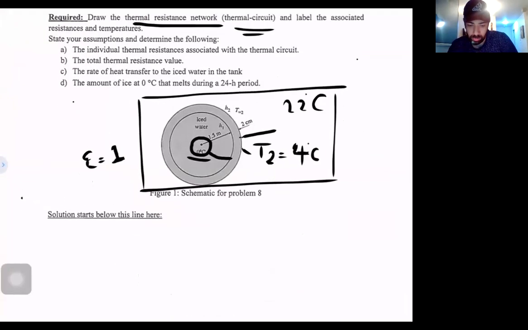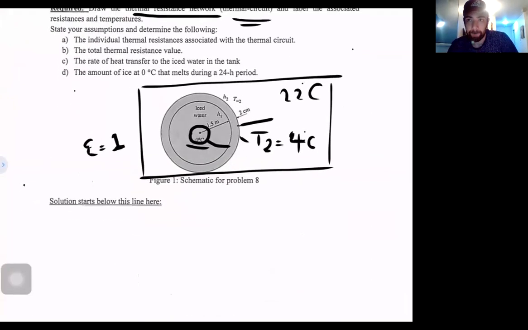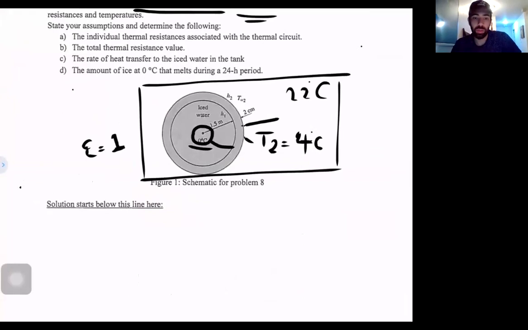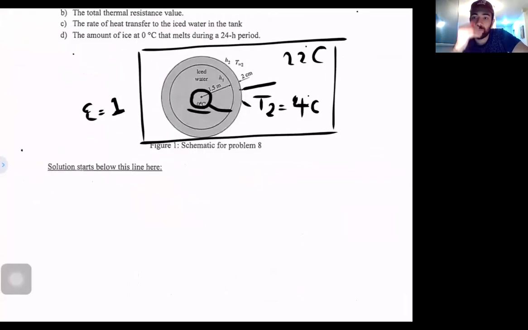So basically knowing that, you can find the total resistivity between the inner space and the outer space. That is one way of finding the heat rate.